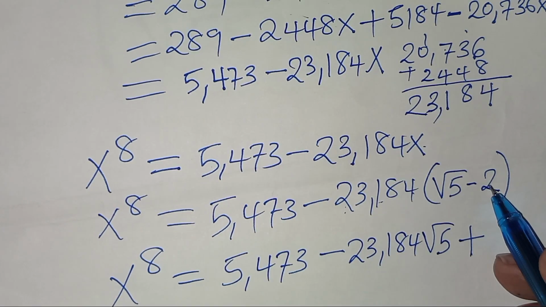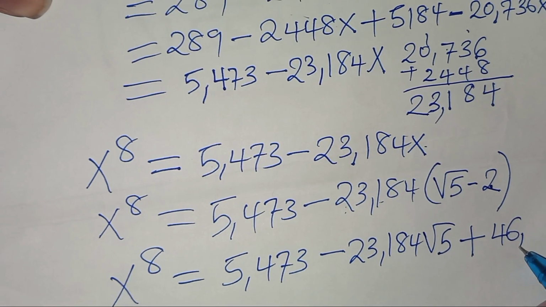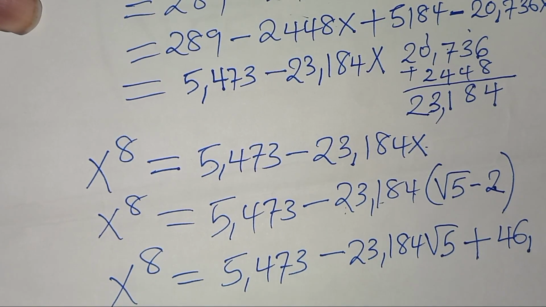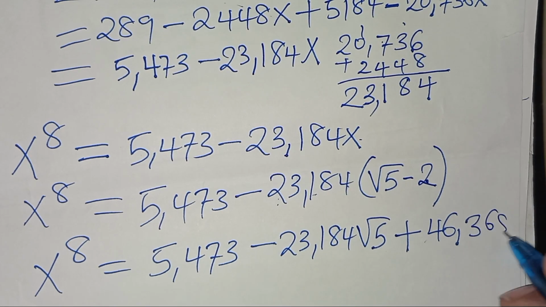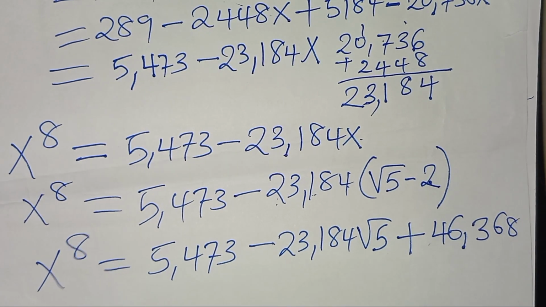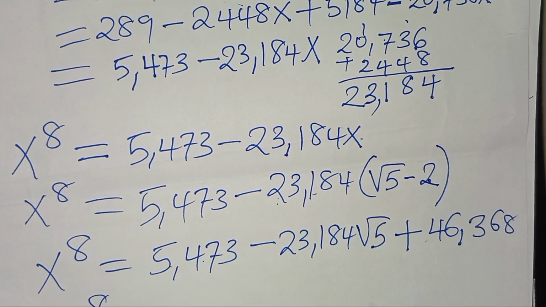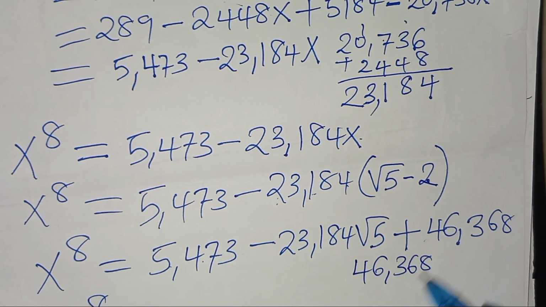Okay, so this is basically equal to 46,368. Okay, now that is x to the power 8. This is equal to 5473 plus 46,368.